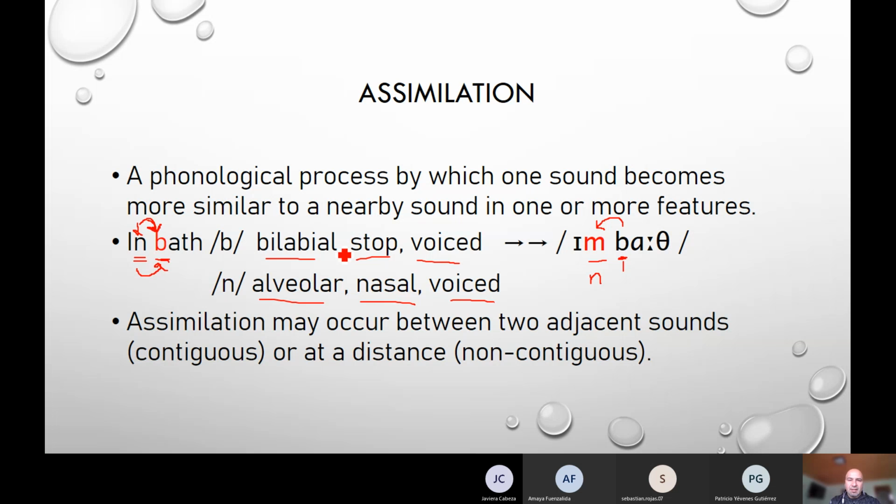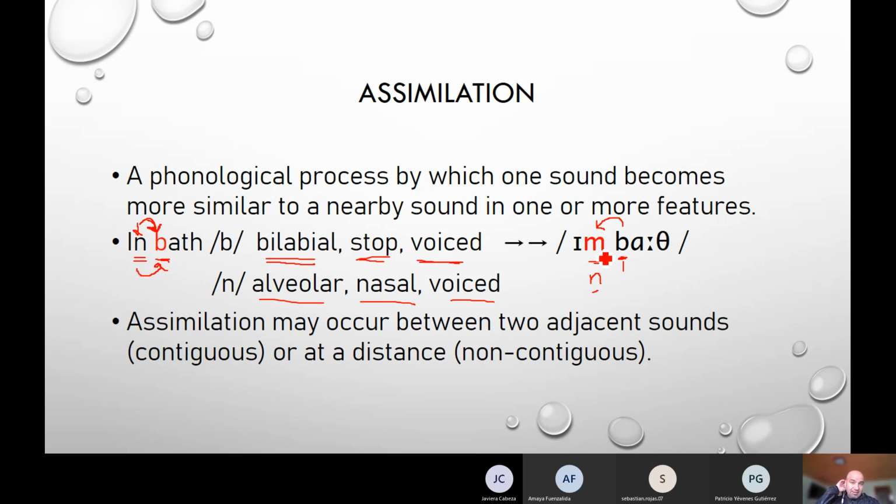Which characteristic? Bilabial, stop, or voiced? It's going to be, in this case, the place of articulation, bilabial. So it's not alveolar anymore, but it becomes a bilabial sound.